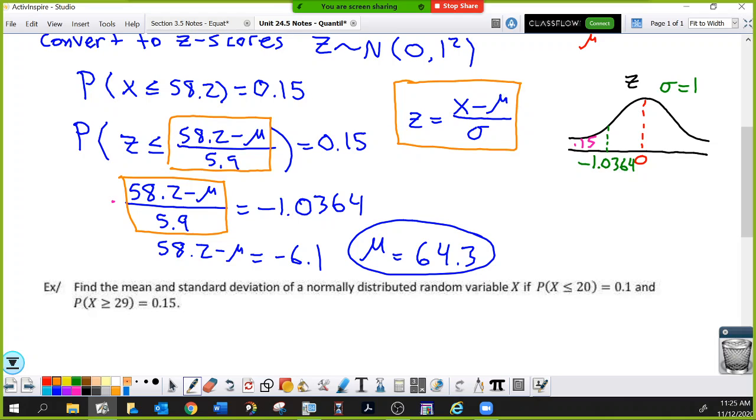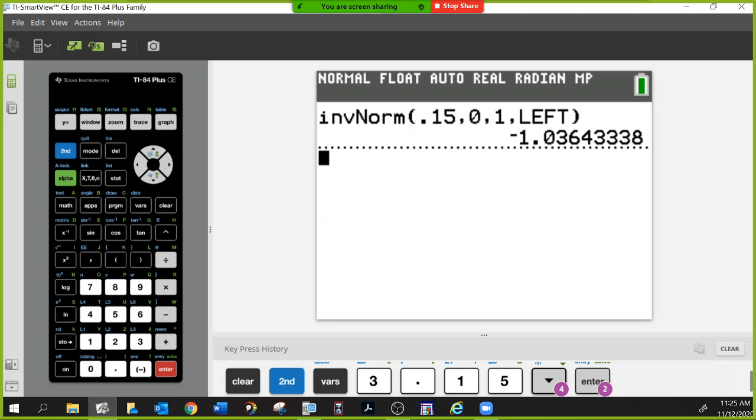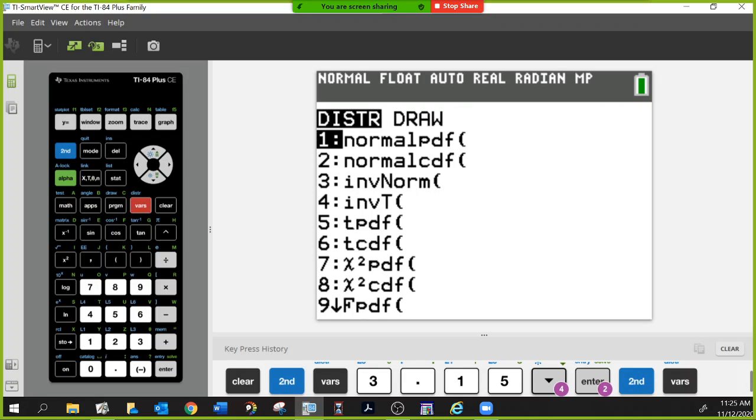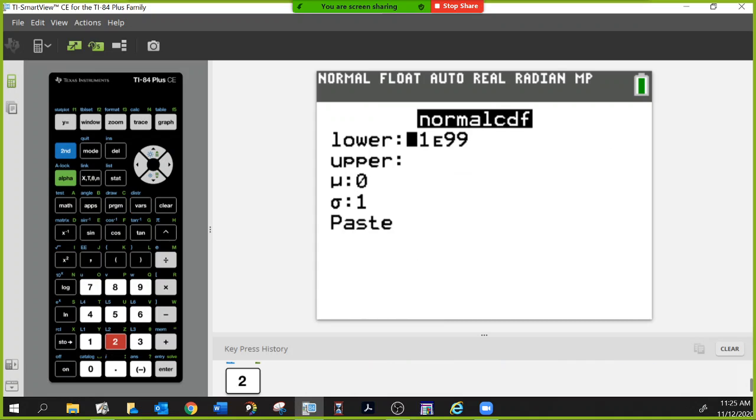Now, just to prove a point, let's go to our calculator. This question's finished, by the way, but let's do VARS, normal CDF. The lower bound, essentially 0. The upper bound, oh, we never even found out what value that is, did we?